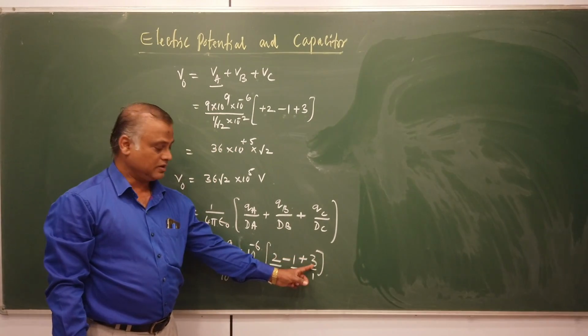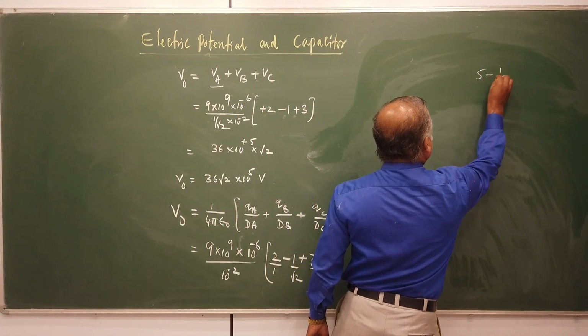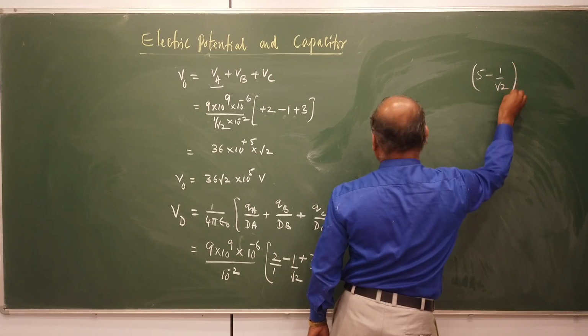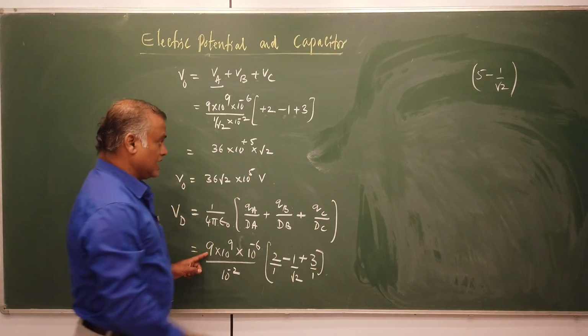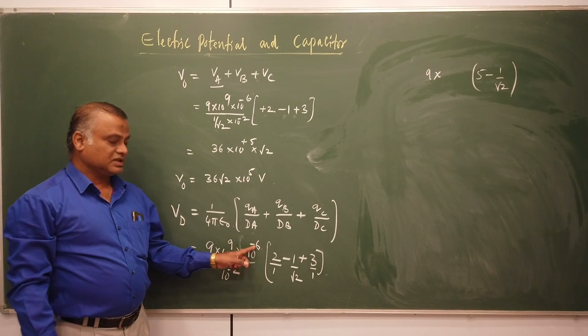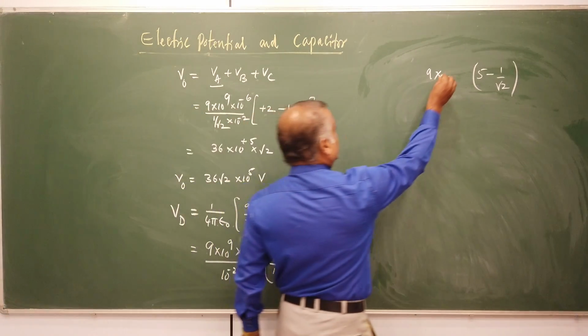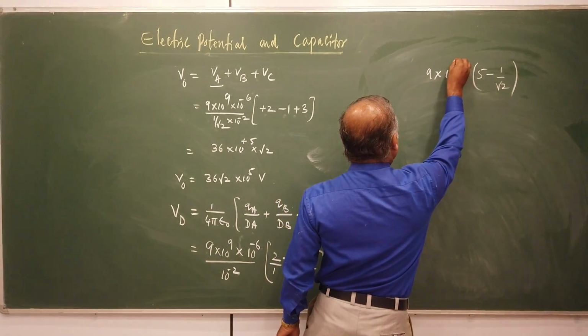2 plus 3, how much? 5. Minus 1 by root 2. 5 minus 1 by root 2. What is left here? 9 into 10 to the power of 9 minus 6 plus 3. Take to the numerator 9 into 10 to the power of 5.